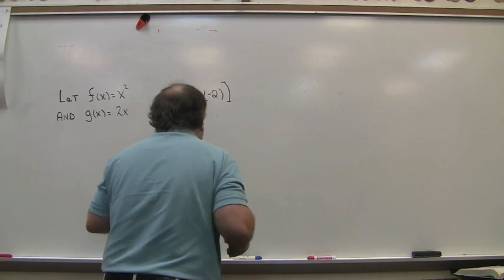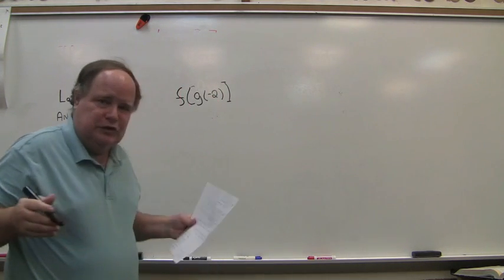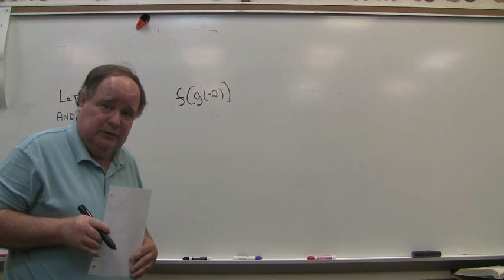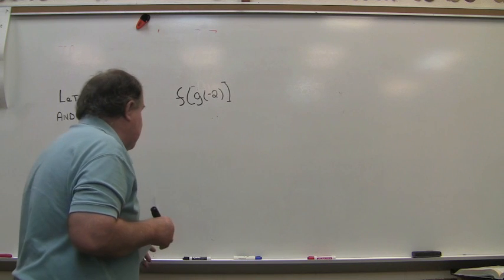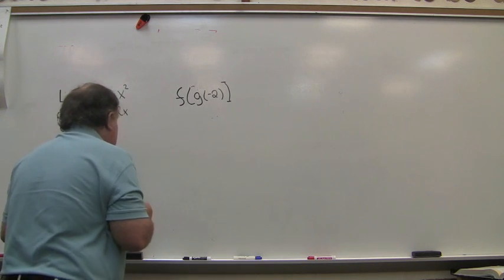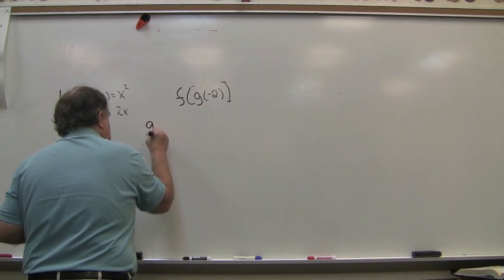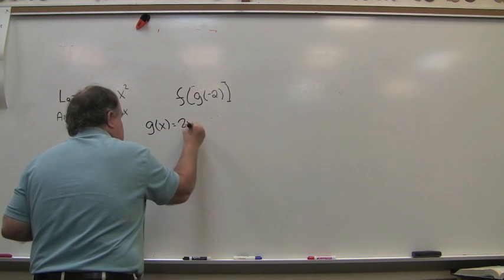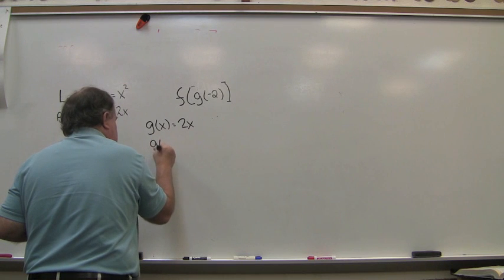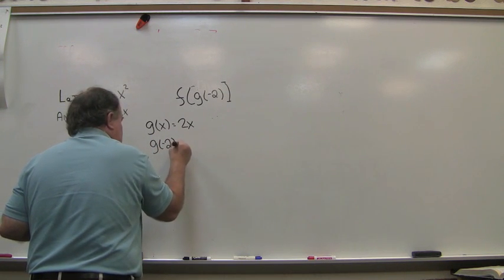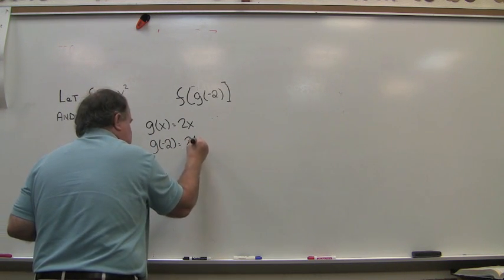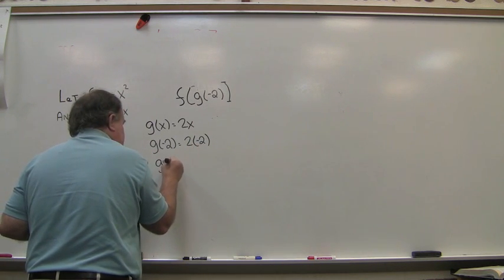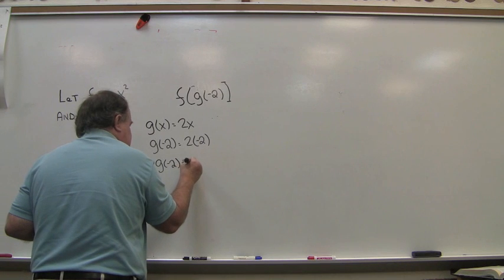Now, to solve this problem, we have to use two steps. First we have to find out what g of negative 2 is. And because it's g here, we're going to use g of x equals 2x. Now, g of negative 2 is going to equal 2, and I'm going to substitute negative 2 here. So g of negative 2 is going to be negative 4.